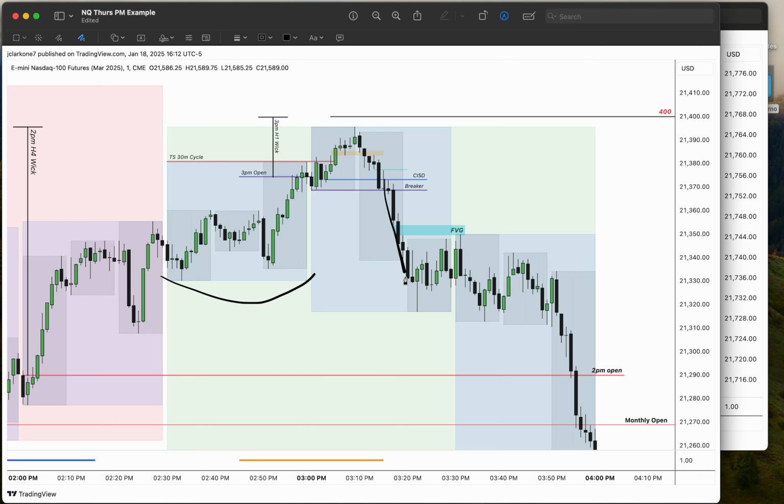From here to here, that's target 1, target 2, target 3. The 90-minute cycle low would be the ultimate target. Anything else on this one?